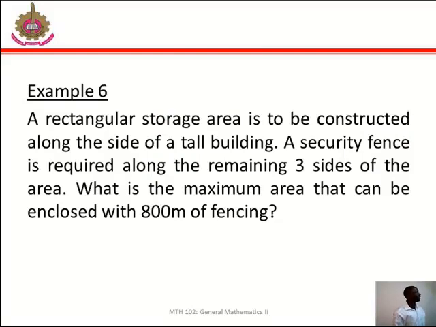Now, this is another question concerning the maximum and minimum. A rectangular storage area is to be constructed along the side of a tall building. A security fence is required along the remaining 3 sides of the area. What is the maximum area that can be enclosed with 800 meters of fence?